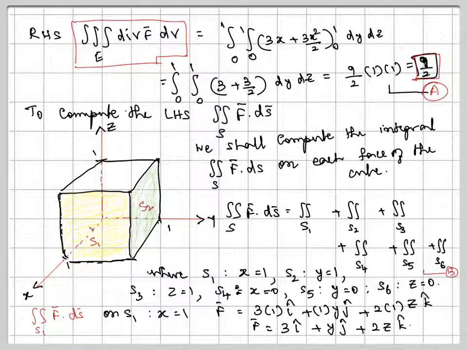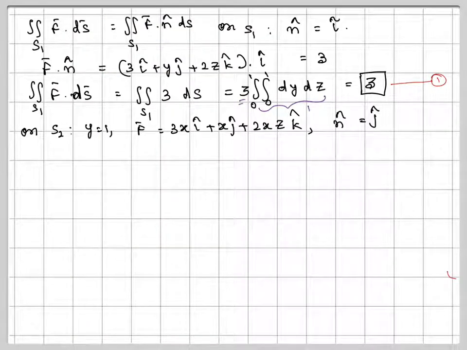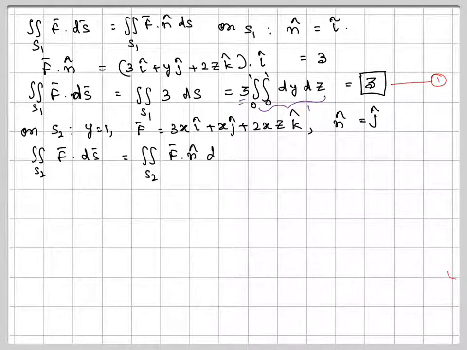For that side, the unit outward positive normal is going to be in the direction of y, which is j. So n equal to j for that side, so double integral over S2 of F dot dS would be double integral over S2 of F dot n dS.